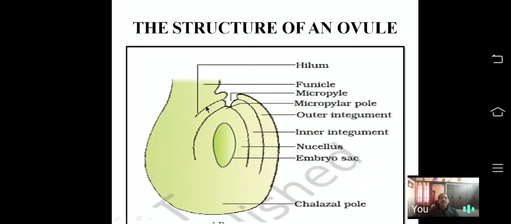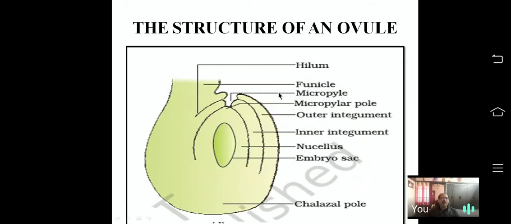The point where the outer integument is attached to the funicle is called hilum. So this ovule shows a definite polarity. This end is commonly called the micropylar end, since the micropyle is present here.